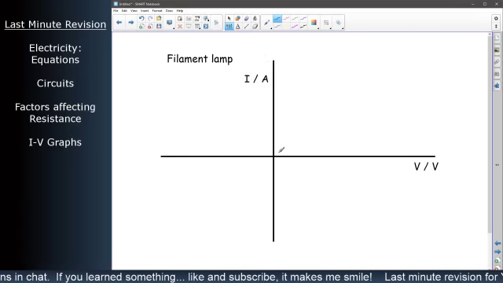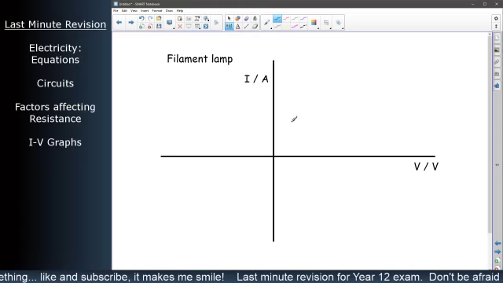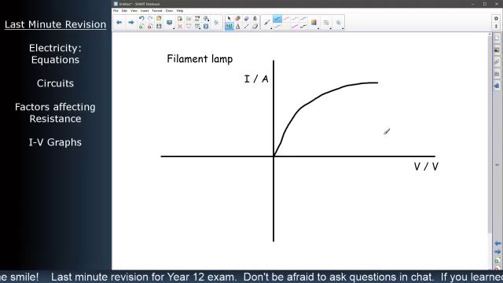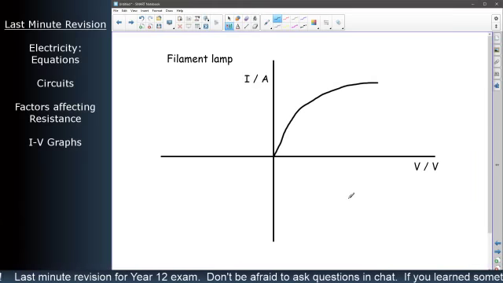In a filament lamp, what happens is that as it heats up, your ions inside vibrate more. That means your electrons get hit more as they try to get through the wire, which means that your resistance goes up or your conductiveness goes down. So what happens is this. You get a graph that starts off sort of straight, but then very rapidly curves off like this.